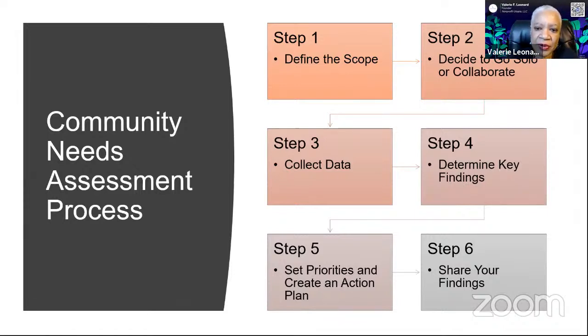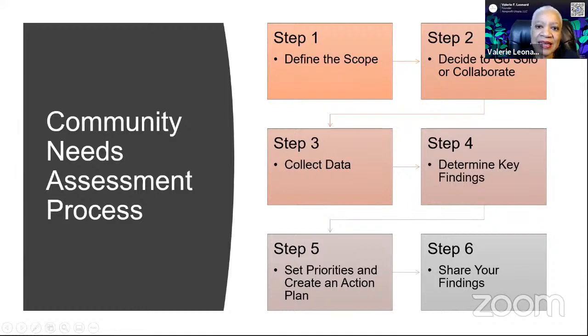So in summary, the community needs assessment process is, first of all, you need to define the scope, and the way you define the scope is obviously doing research and understanding the magnitude of the problem. And then the second thing you do is you decide whether or not you want to go solo or collaborate.